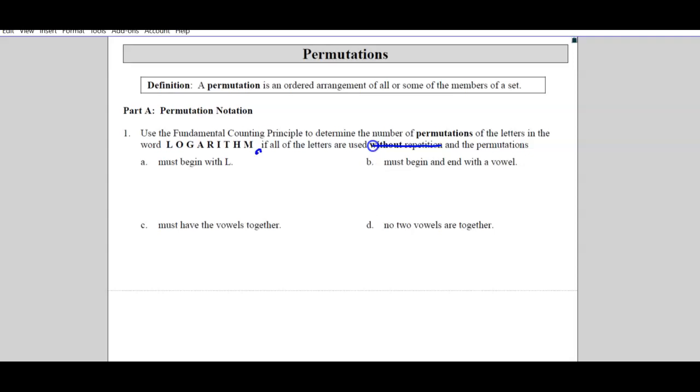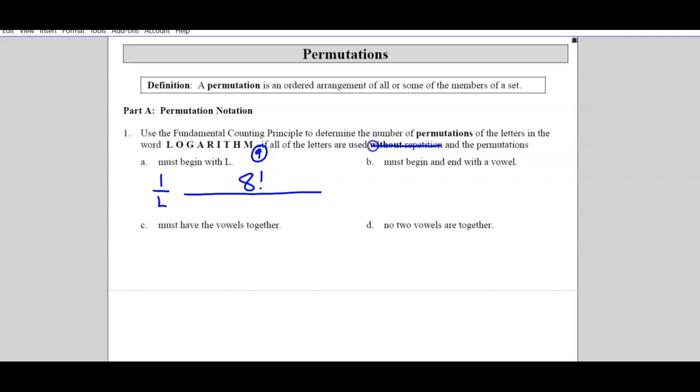3, 6, 9. Okay, and it must begin with an L. So there's just one L, so one option for that, no other choices. So we use one letter up out of the 9, and now we have to arrange all the other ones, which will be 8 factorial. 8 times 7 times 6 times 5 times 4 times 3 times 2 times 1.